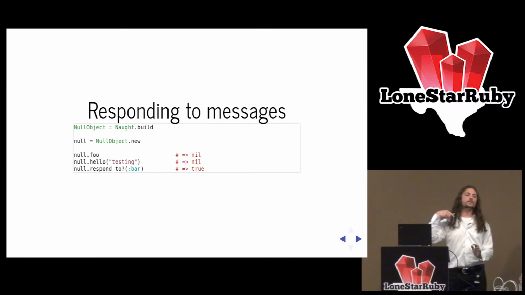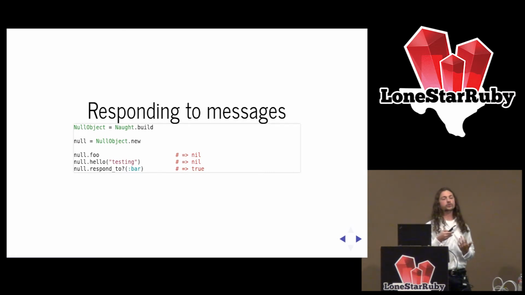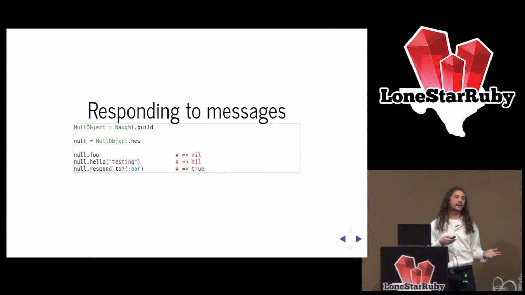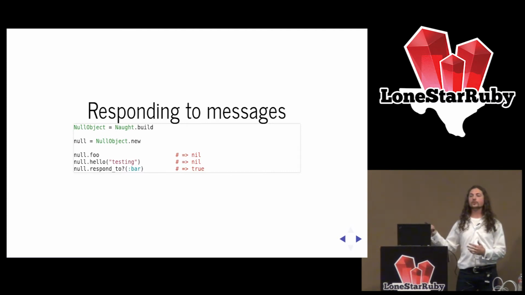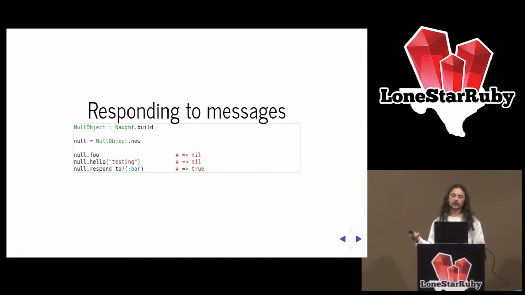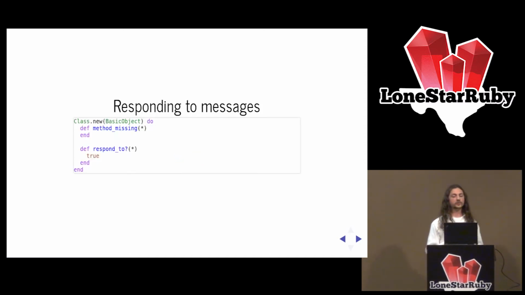Now, it seems like a good default behavior for a null object would be that it would respond to any message with nil, and it would do nothing. And it should also, if you ask it, report that it will respond to any message. So how do we do that? Well, it turns out to be incredibly simple.